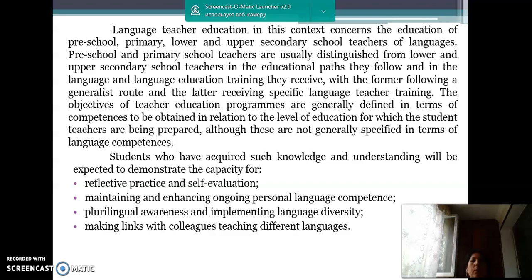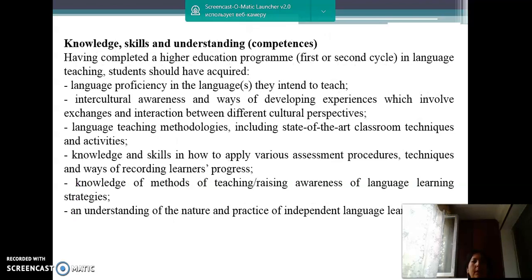Students who have acquired such knowledge and understanding will be expected to demonstrate the capacity for reflective practice and self-evaluation, maintaining and enhancing ongoing personal language competence, plurilingual awareness and implementing language diversity, making links with colleagues teaching different languages. Knowledge, skills, and understanding, all of these are competencies.